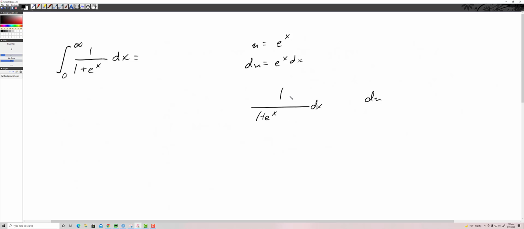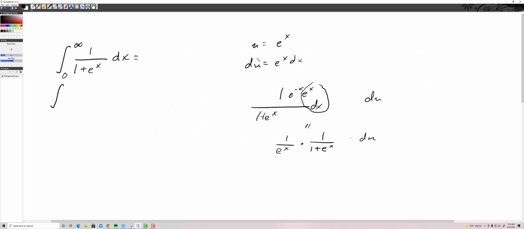So what I'm doing, I've got something like this. This is going to become my du, right? So I'm going to be left with this. Okay, and I can rewrite that. This is going to be 1 over e to the x times 1 over 1 plus e to the x. Right? And then I've got my du over here. Okay, so here we go.